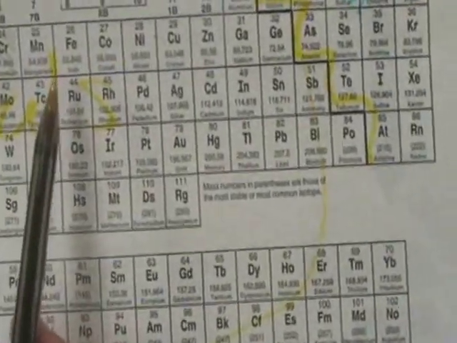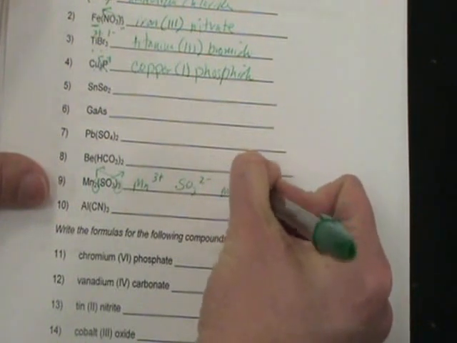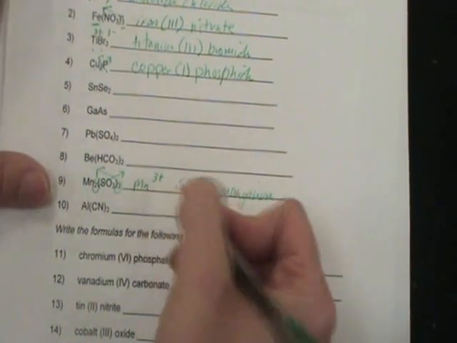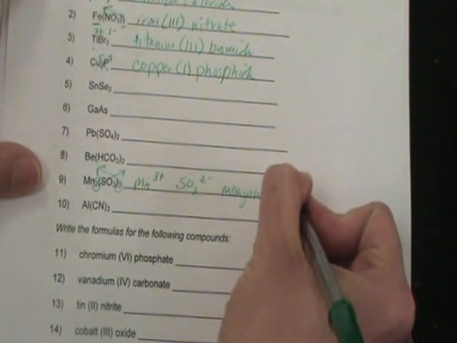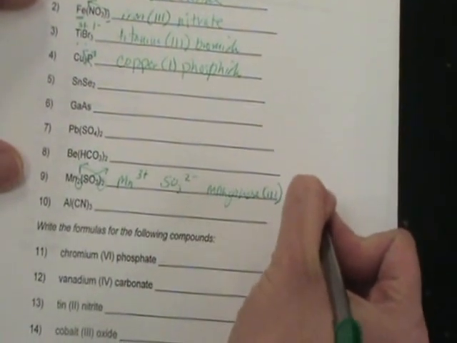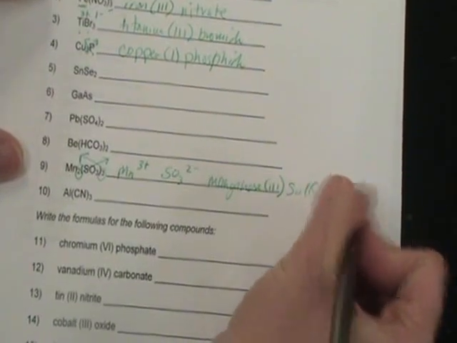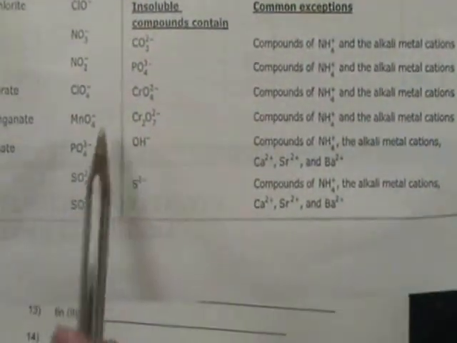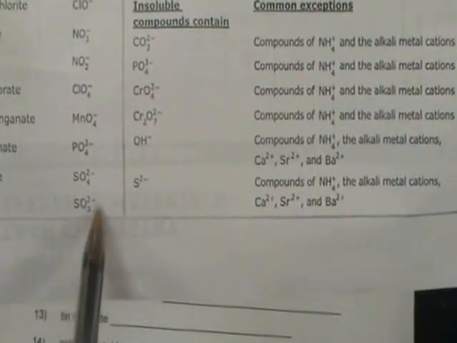And this is manganese. So this would be manganese. And this 3 tells us that it is a transition metal, right? And then this is sulfite. And how did I find the sulfite? I go to find SO3 because it's more than one atom, which means it's a polyatomic ion, right? And we find it right here. Alright.